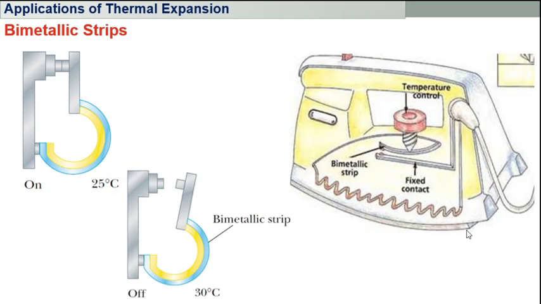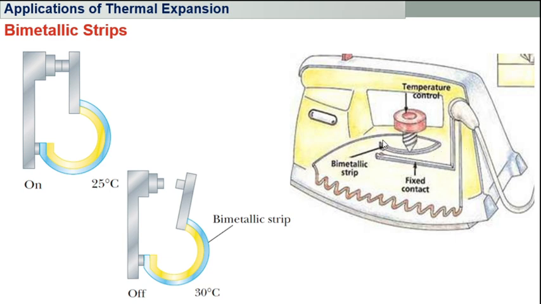So these bimetallic strips are actually found in some heating appliances such as flat iron. So bimetallic strips are being used in thermostats to break or connect some electrical circuits. And in a flat iron, the bimetallic strip bends as the iron heats up.